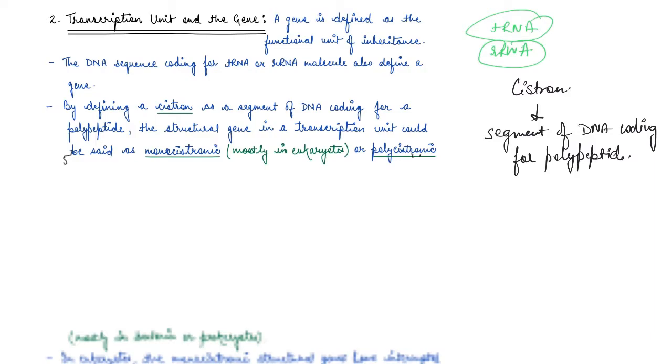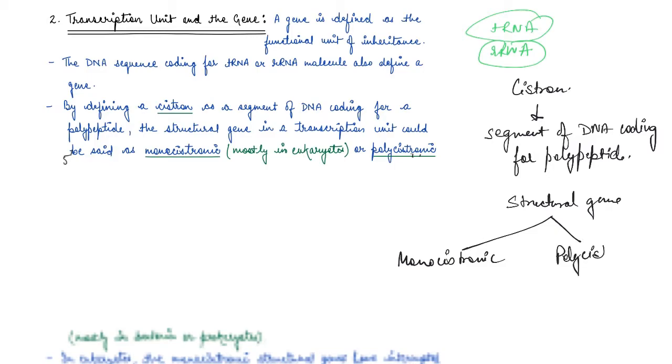Monocistronic happens in the case of eukaryotes, and polycistronic happens in the case of bacteria or prokaryotes.